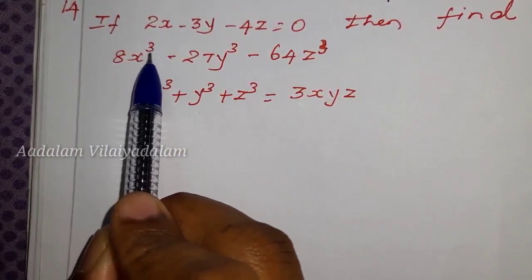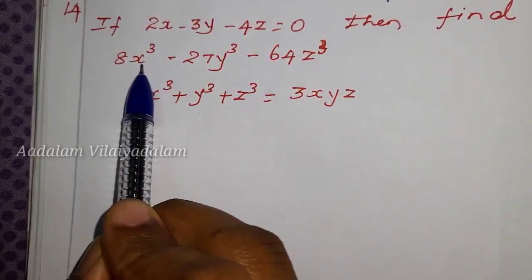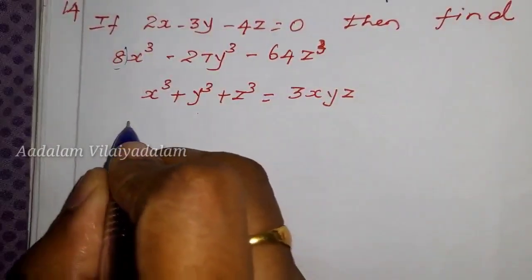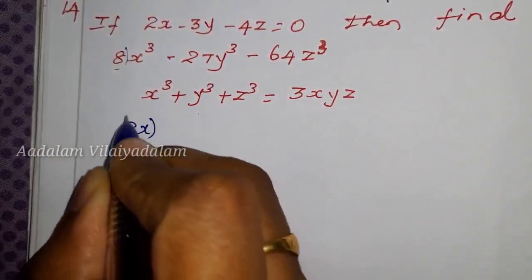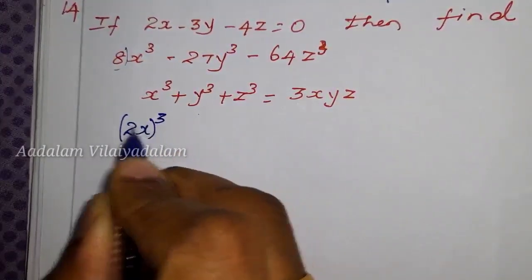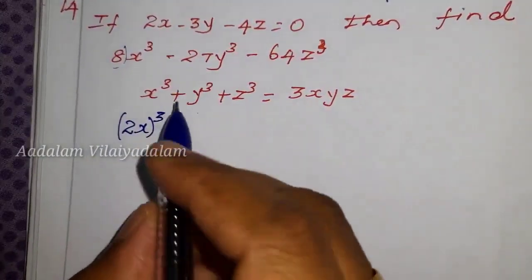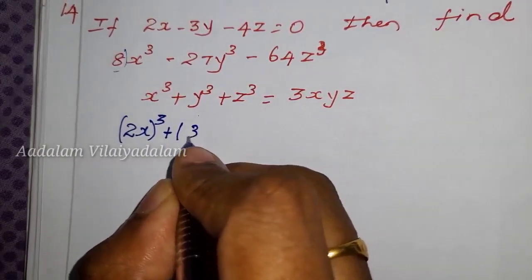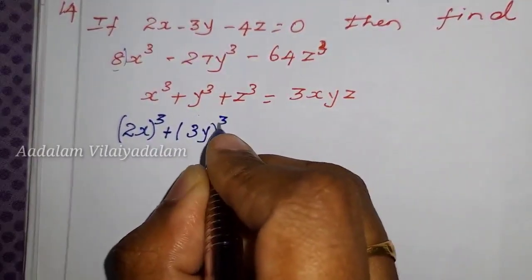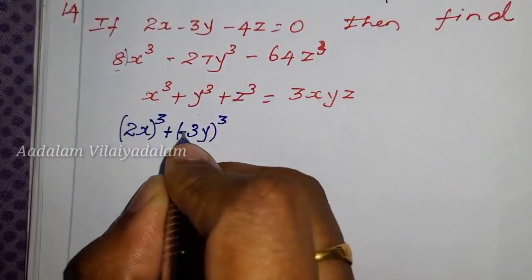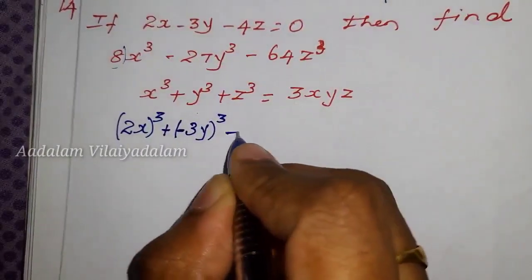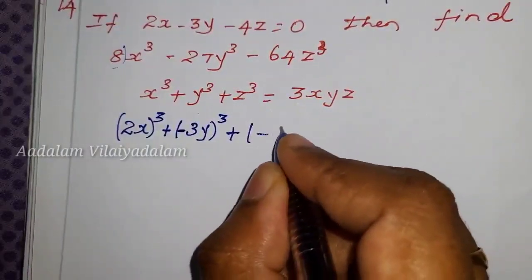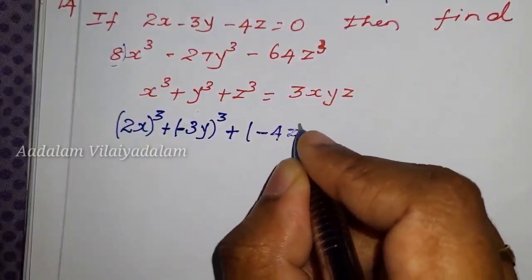Here only the variable is cubed, so we have to take the constant also. So 8 can be written as 2x the whole cube, that is 2 cube is 8, x cube. Plus, 27 in terms of cube means 3y the whole cube. So minus 27 is there, so minus 3y the whole cube, plus the z value is 64, that is minus 4z the whole cube.